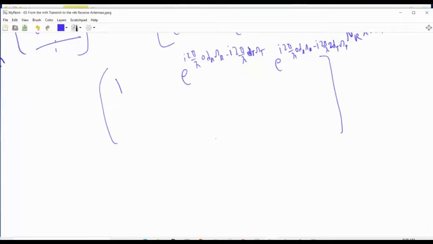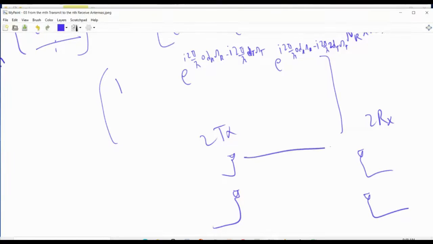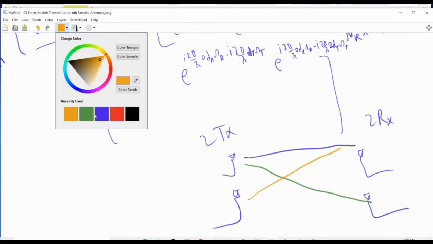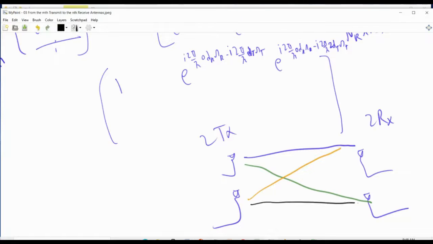So if you have two transmitters and two receivers, then how many channels do you have? From antenna 0 to antenna 0, from antenna 0 to antenna 1, from antenna 1 to antenna 0, and from antenna 1 to antenna 1. You have 4 channels.